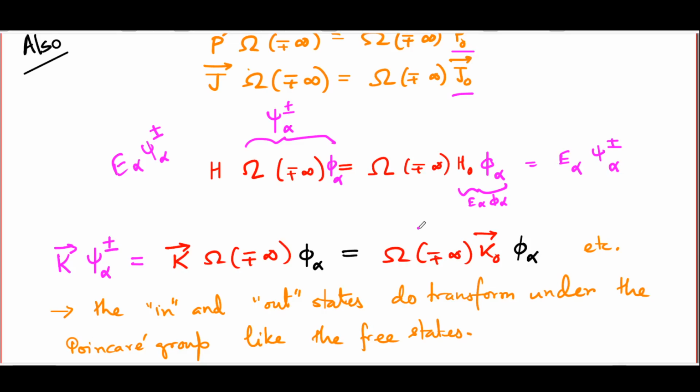Also, we have showed that the free particle Poincare group generators commute with the S operator, which will be essentially what we need to show Poincare invariance. Now you might have realized that we have not really shown that the new generators K, P, J, H actually obey all of the commutation relations for the Poincare group. However, we don't really need to do that.